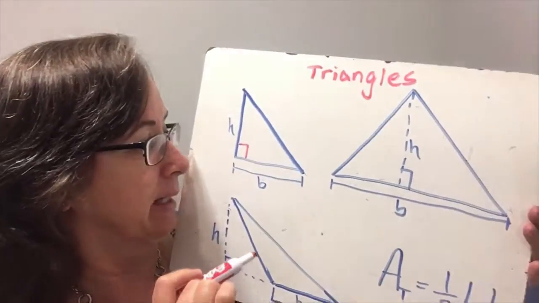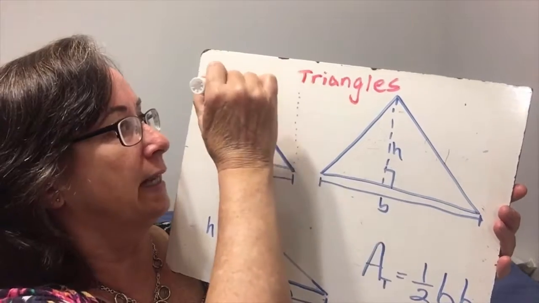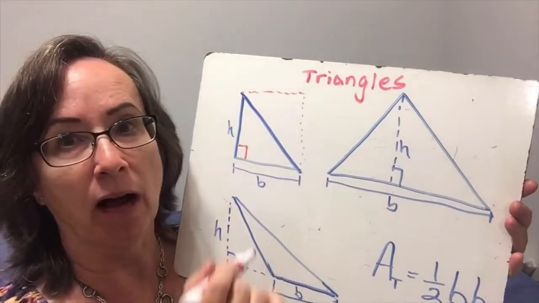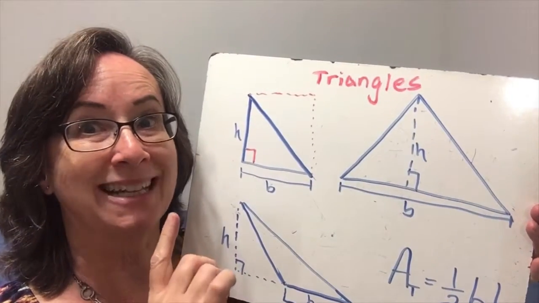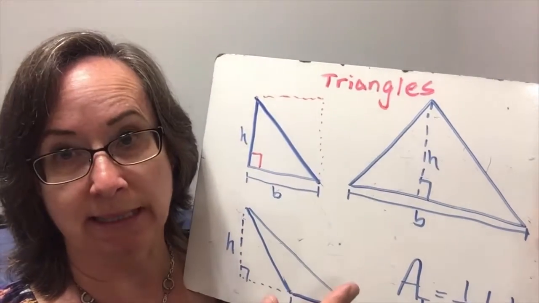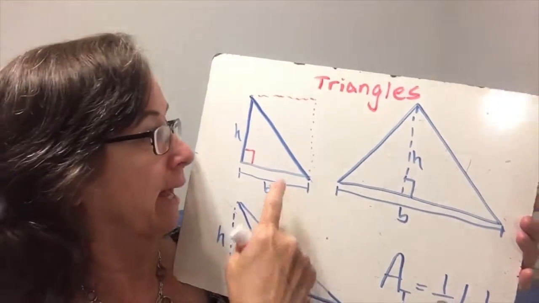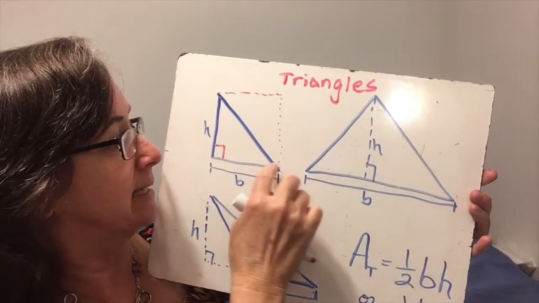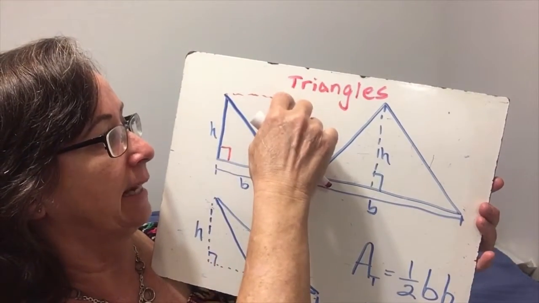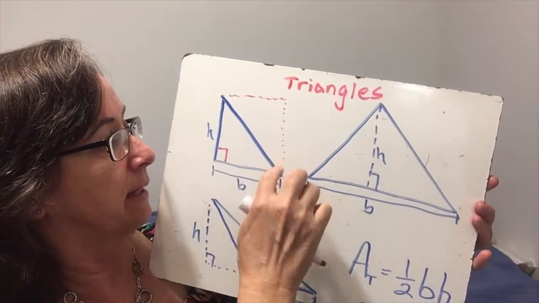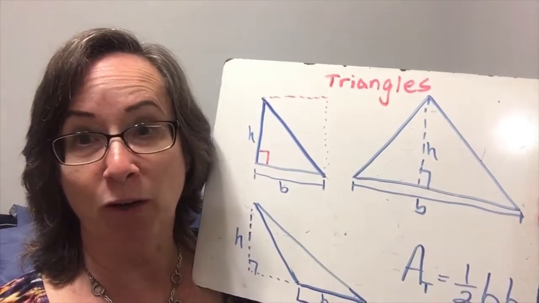Guess what would happen if we were to extend this triangle and come straight across? Wouldn't we have a rectangle that was exactly twice the size of the triangle? Basically I'm just extending a parallel line here that's parallel to this one, and then a vertical line here that's parallel to this one, and I form a rectangle.